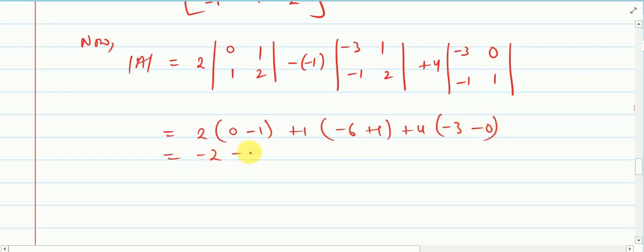So minus 2 minus 5 minus 12 equal to minus 19, which is not equal to 0. Therefore A inverse exists.